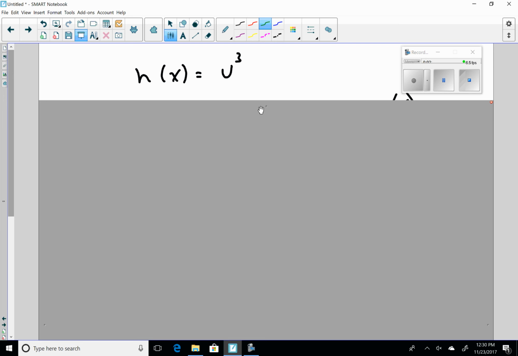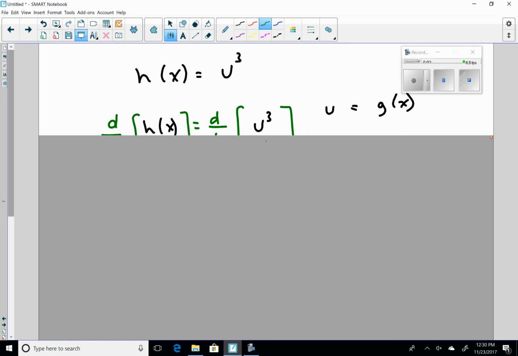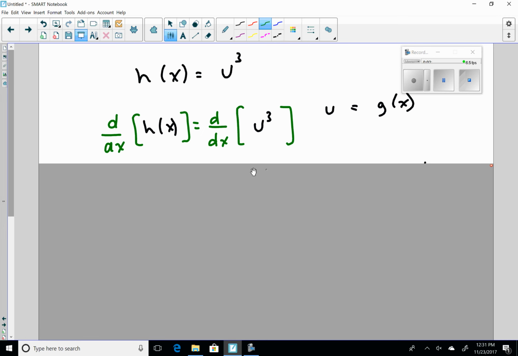Again, I have h of x is equal to u cubed. Here, since I'm writing h of x, I'm assuming that u is a function of x. And since I have it written as h of x, that's a pretty good assumption. In fact, it's a true statement. u is this function of x, and we again will call it g of x.